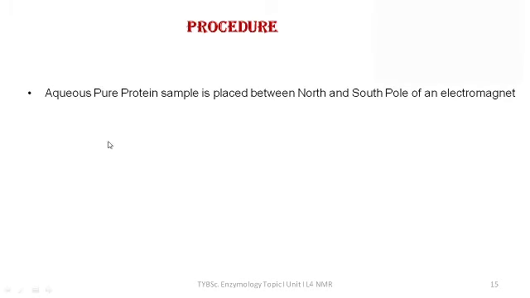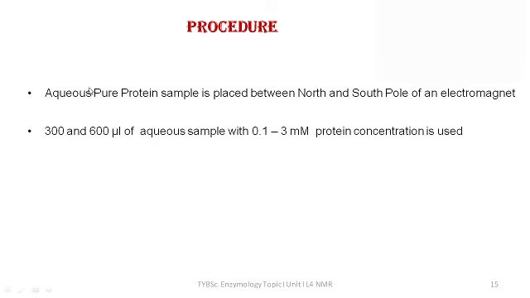We shall see the procedure now, the various steps in the procedure, how to subject our particular sample of protein to NMR spectroscopy. For this, we need an extremely purified protein sample in aqueous solution, which is placed between the north and south pole of the electromagnet.